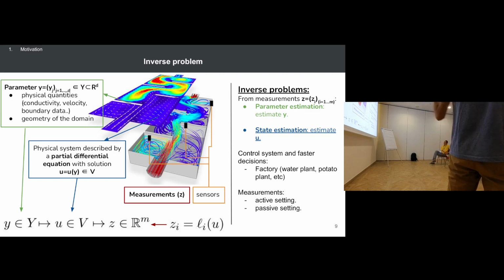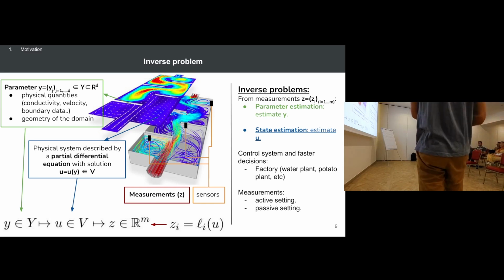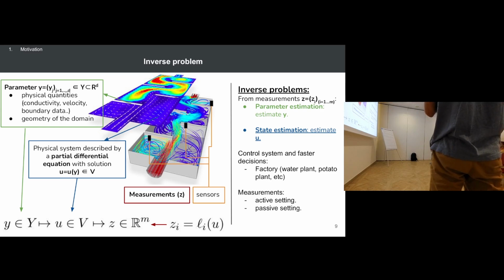You also need to be able to do this mapping in a faster way, not just wait 2 hours until the simulation ends and find the correct parameters. And also, we will not talk too much about this, but I just mention it: these measurements can be in a passive setting.